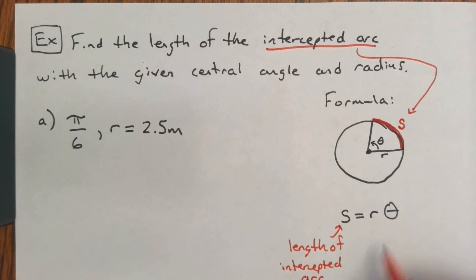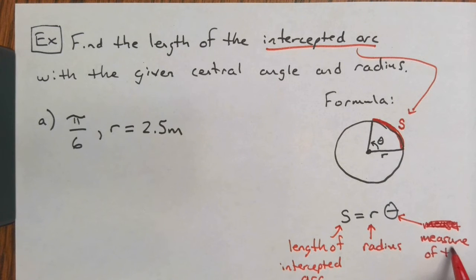And we know R, that's the radius. And then theta, that is the measure of the angle.